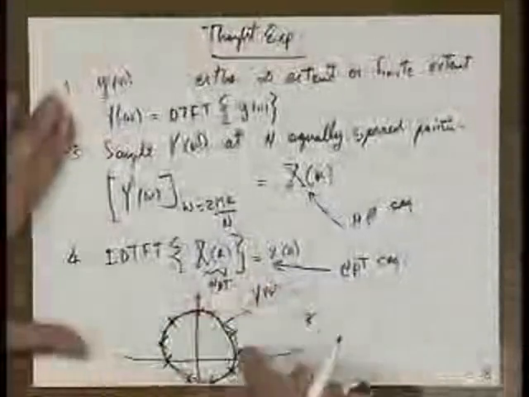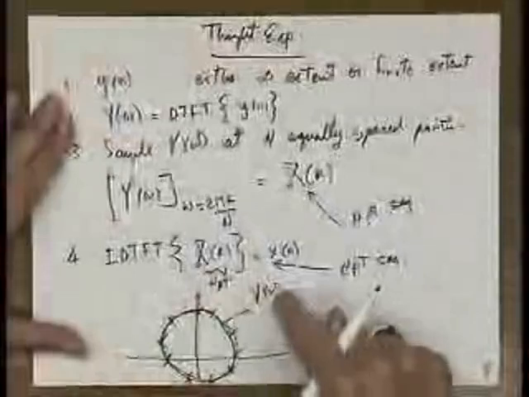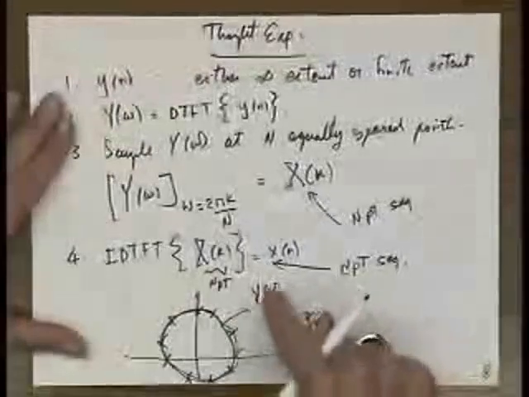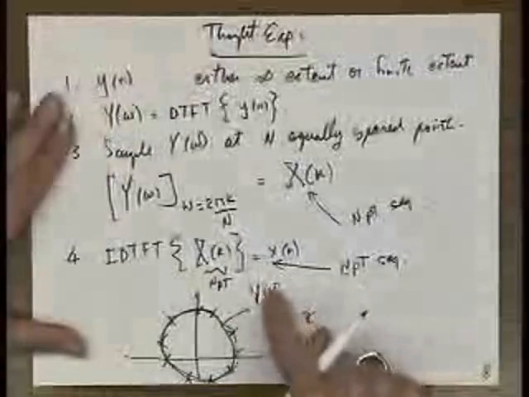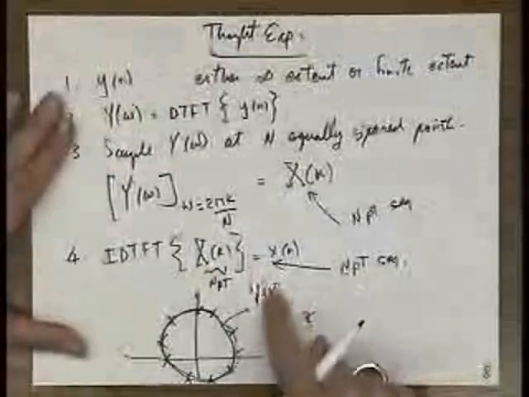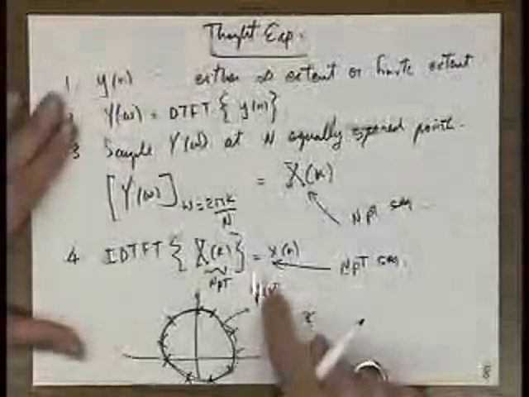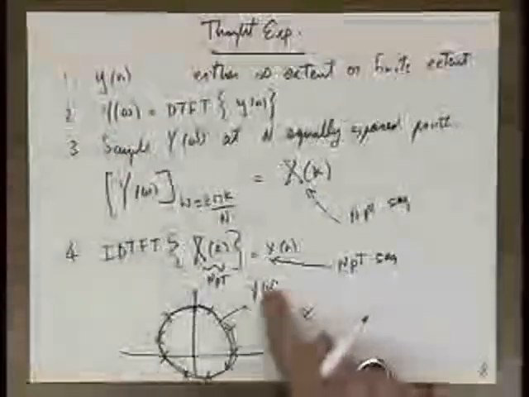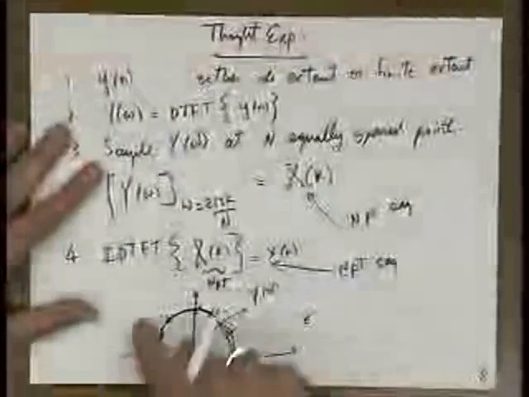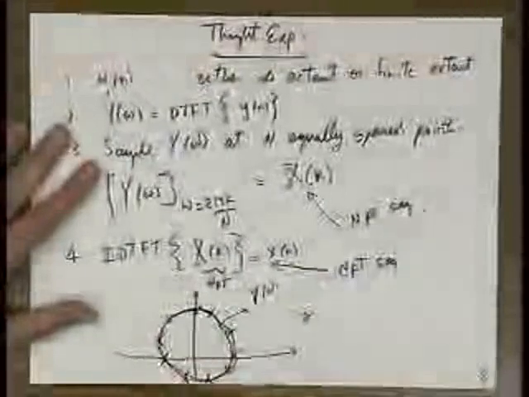And I don't even know whether this DTFT corresponded to an n-point sequence, a 5-point sequence, a 2n-point sequence. I just don't know that. It could have been a 1,000-point sequence. It could have been a 2-point sequence. But now I go ahead and I sample it, let's say, at 16 points.